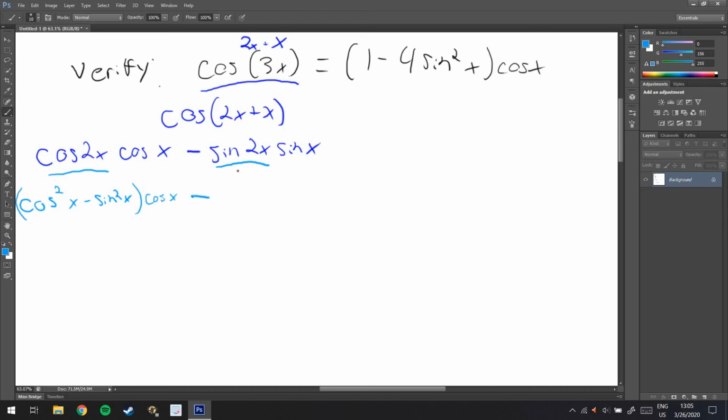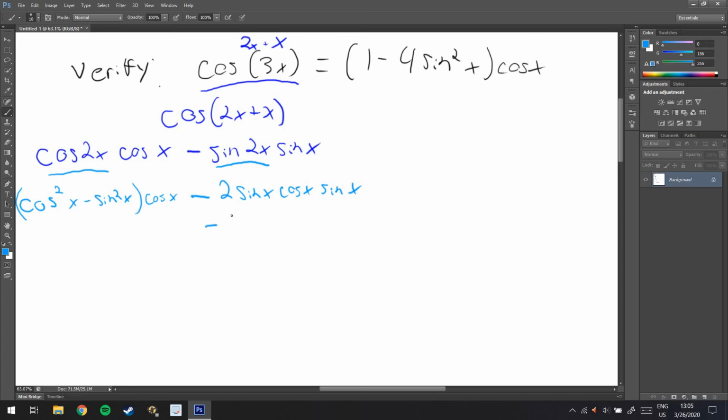And that's going to be minus, well, sine of 2x becomes 2 sine x cosine x, sine x. Alright, I'm actually going to do this one differently after.